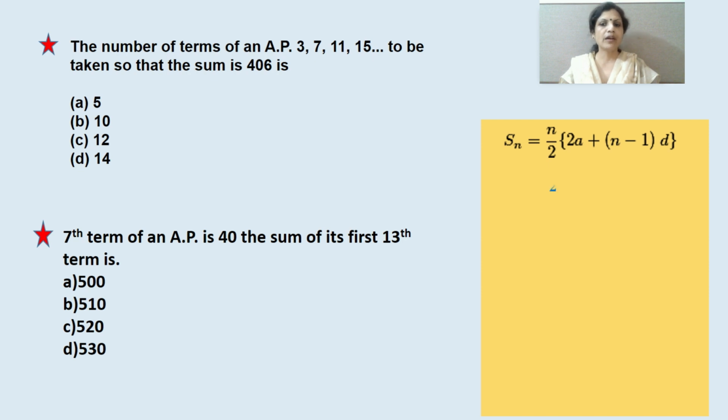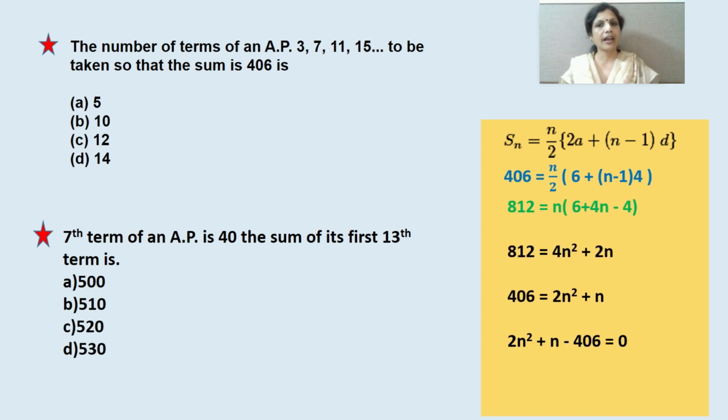Let's substitute the values. 406 is equal to n by 2 in the bracket 6 plus n minus 1, and the common difference here is 4. Start solving it. When you simplify it, cross multiply and make an equation, you get a quadratic equation 2n square plus n minus 406 is equal to 0. Now how to solve this?